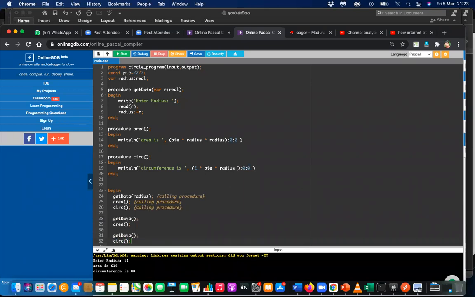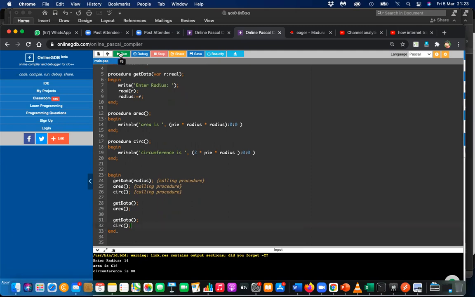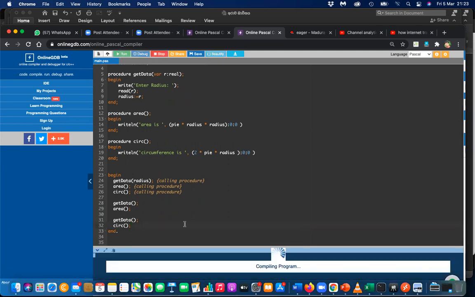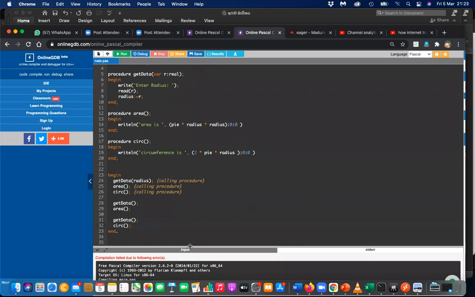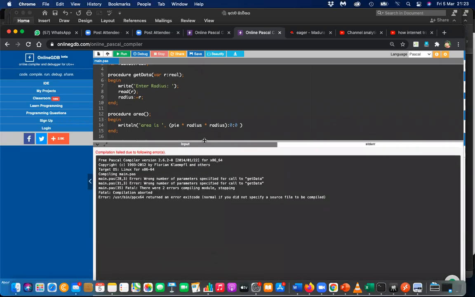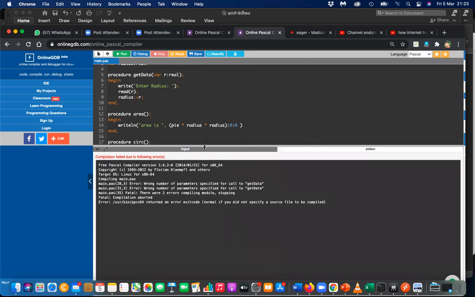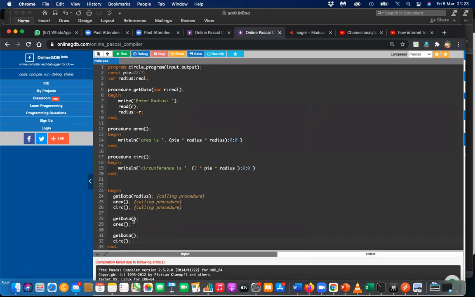Likewise, you can do this several times in any order. So let's run this. Now this code, oh, what has happened? Get data, get data. You have to call it, so here you have to give the radius, and here also you have to give the radius.